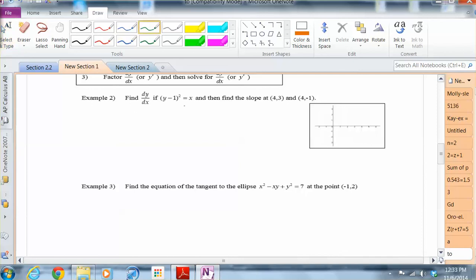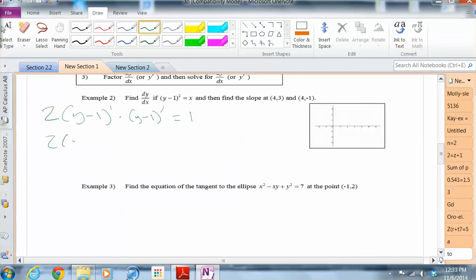Find dy over dx for this function, then find the slopes at (4, 3) and (4, negative 1). So I'm going to do the chain rule for the left side. So it's 2 times (y minus 1) to the 1 power times the derivative of y minus 1, because that's the inside, and that's just going to equal 1 on the right side when you take the derivative of x.